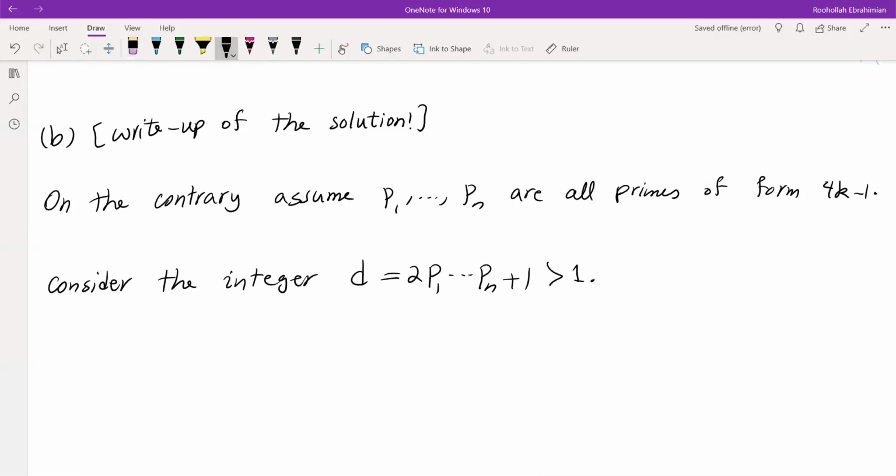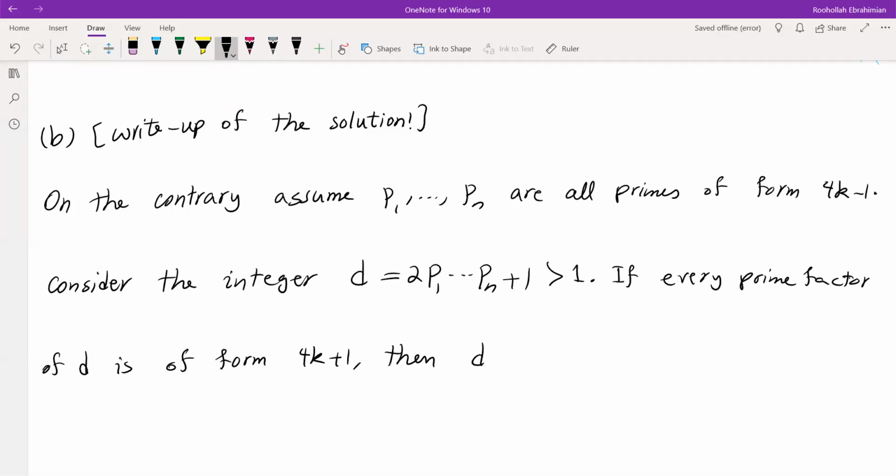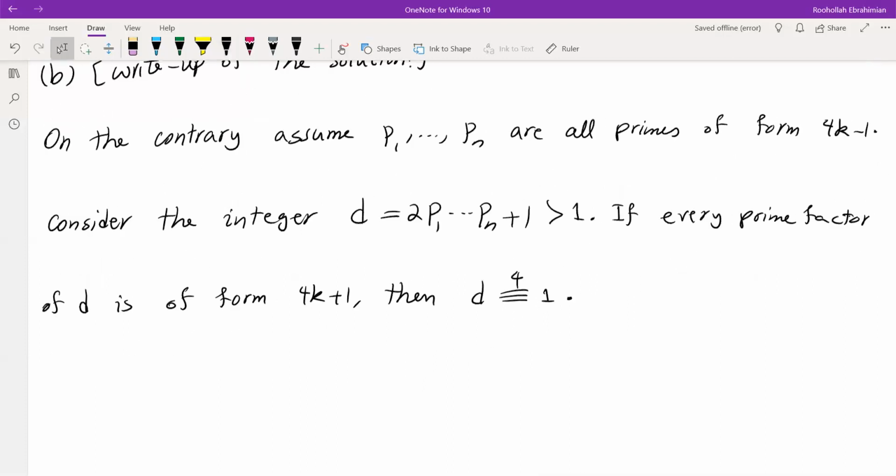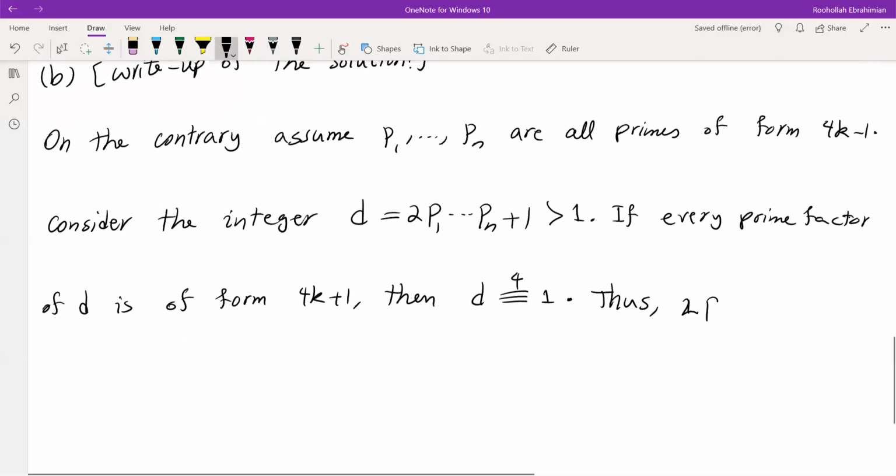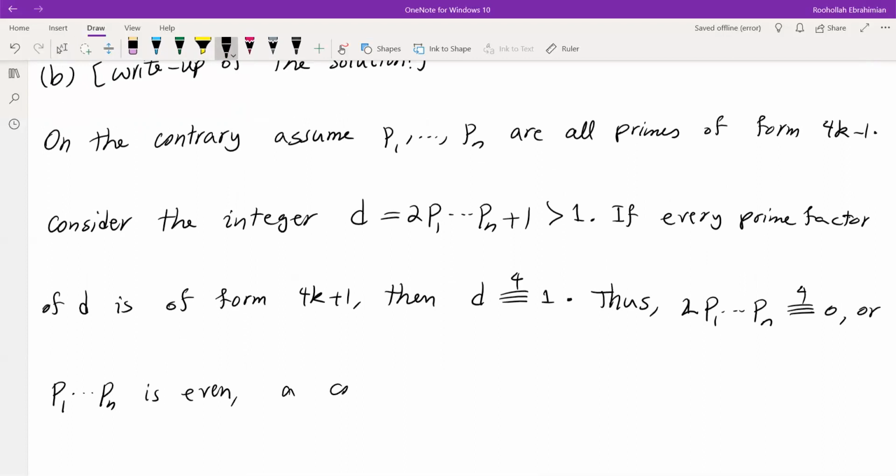If every prime factor of D is of form 4k plus 1, then D is going to be 1 mod 4, which is just to say the remainder is 1 when you divide by 4. And that means 2P1 through Pn is 0 mod 4, or P1 through Pn is even, which is a contradiction.